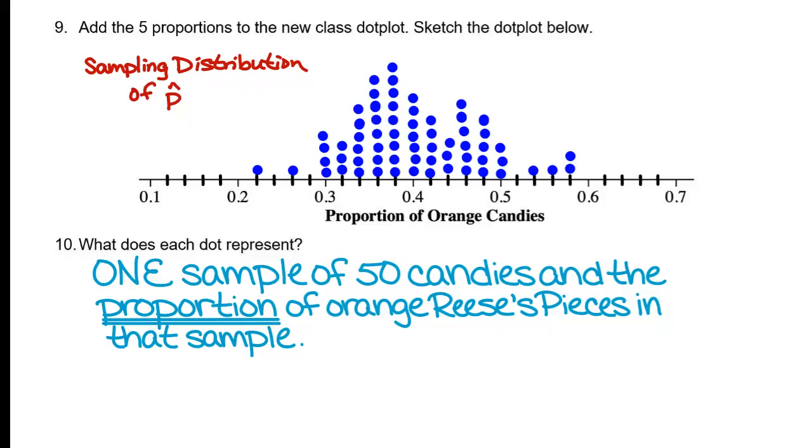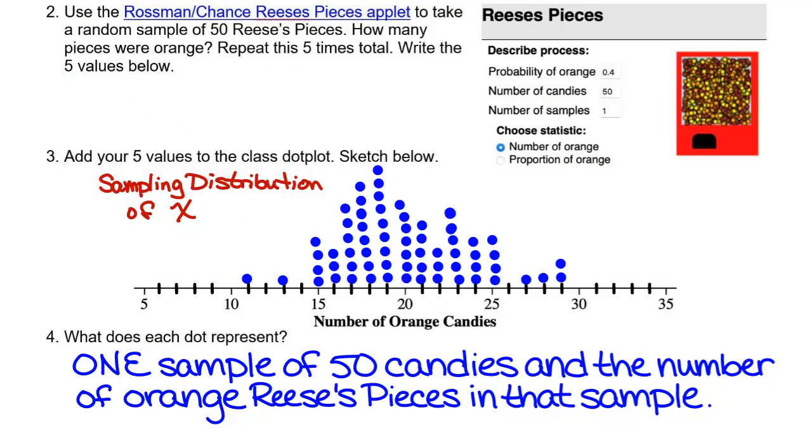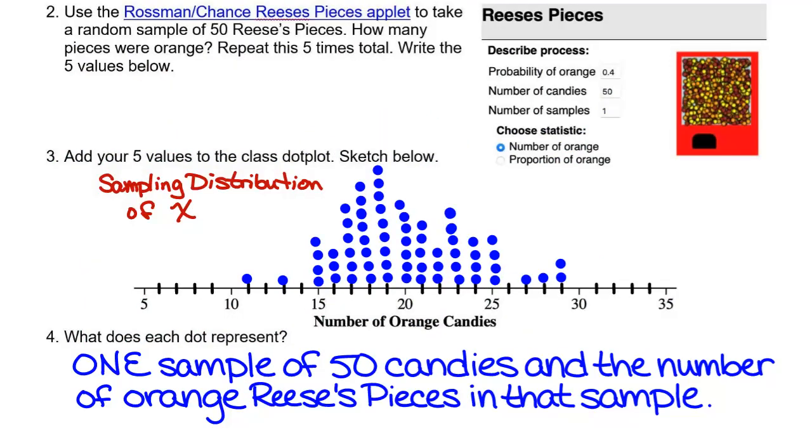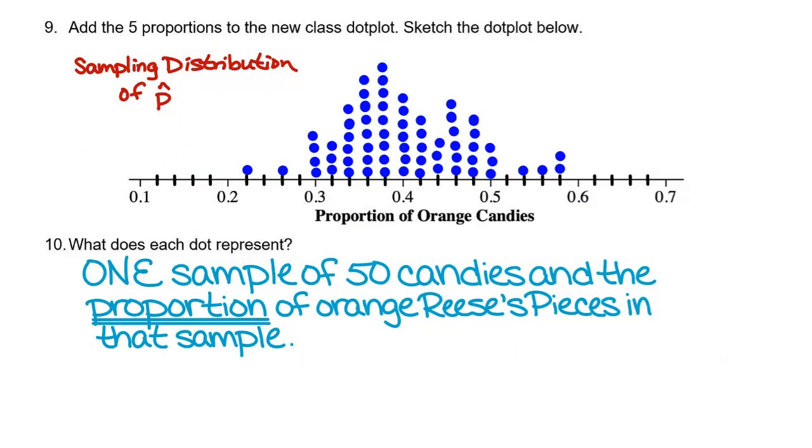Question. I'll come right back to this screen, but how does this dot plot compare to this dot plot? It's about the same. Yeah, it has the exact same shape. Does it have the same mean?